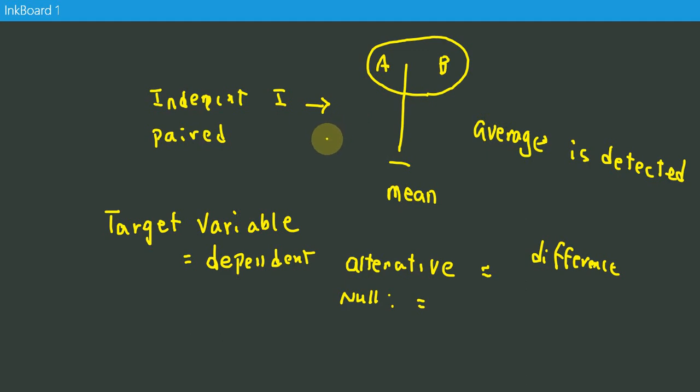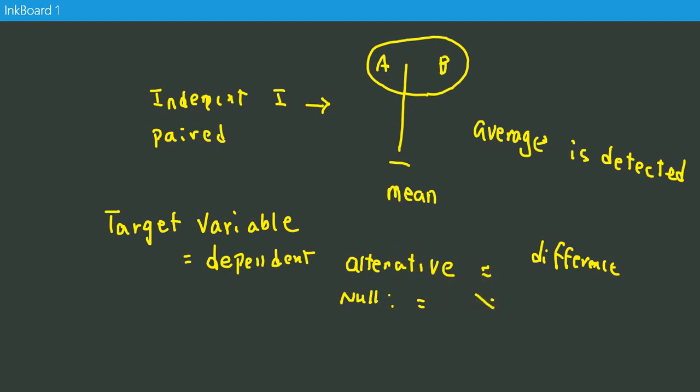Our target variable is to know whether the result differs between the two groups you are targeting. You treat two groups: group A receives something, group B receives nothing. If there is no difference between them, your hypothesis will be rejected.